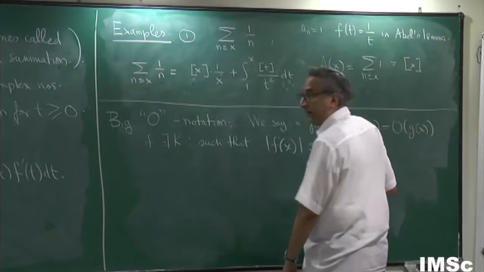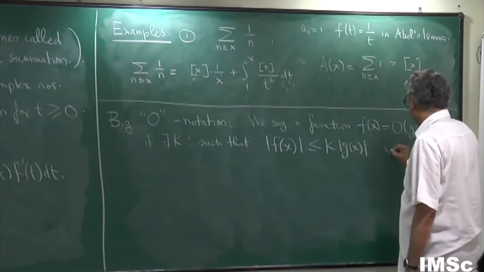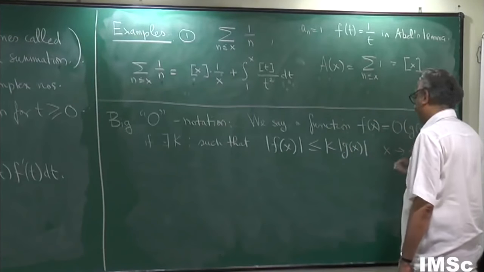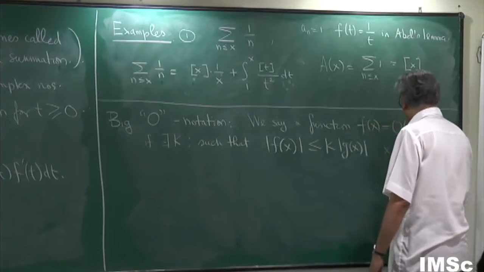Usually g of x is positive anyway, but we'll keep it like this, for all x as x tends to infinity. For all x sufficiently large, or for all x.